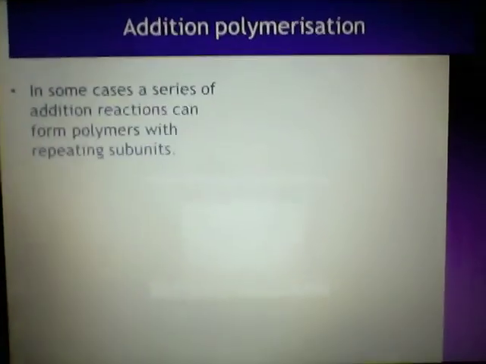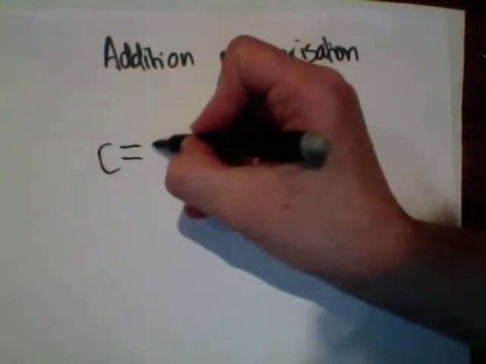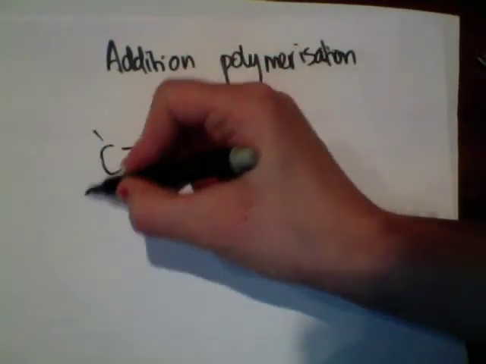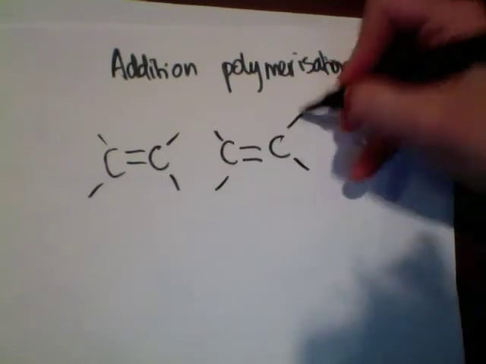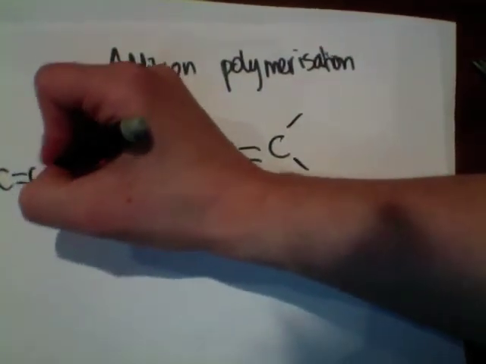Now the final thing we're going to talk about is addition polymerization. Let's say that we have an ethene molecule, we have another ethene molecule and a final ethene molecule. Let's say we've got 3.